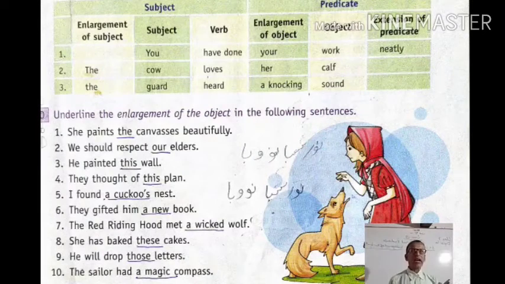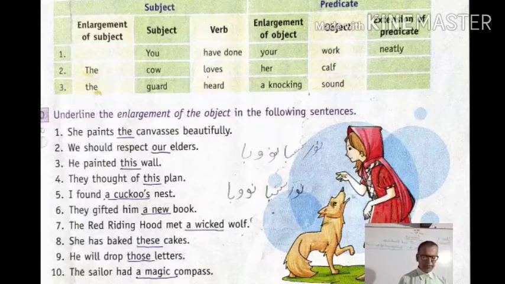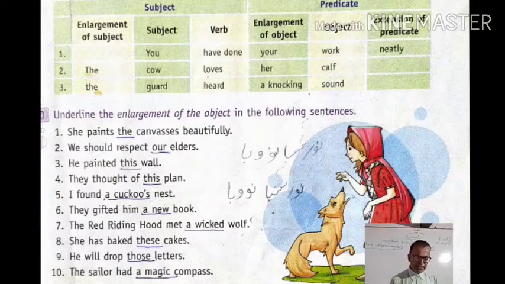Depending on the type of sentence, we can find which is the subject, the verb, and the object, whether there is any enlargement of the subject, meaning any word before the given subject, whether there is enlargement of object, meaning any word given before the actual object, and extension of predicate, meaning any word given after the object. So this is all done here.